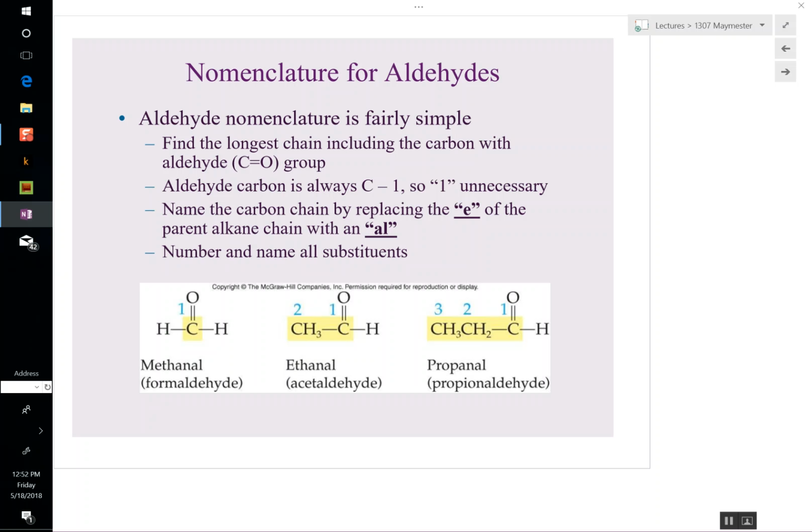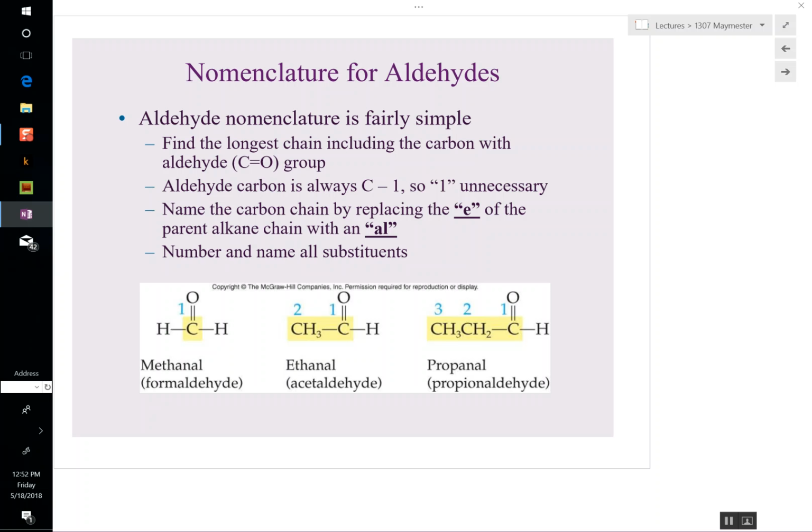Butanal, hexanal. Okay? There'll be a slide here in a minute that will show you all the molecules. These are some of them that you need to learn the names of. But there'll be a slide that I think has all of them on it.